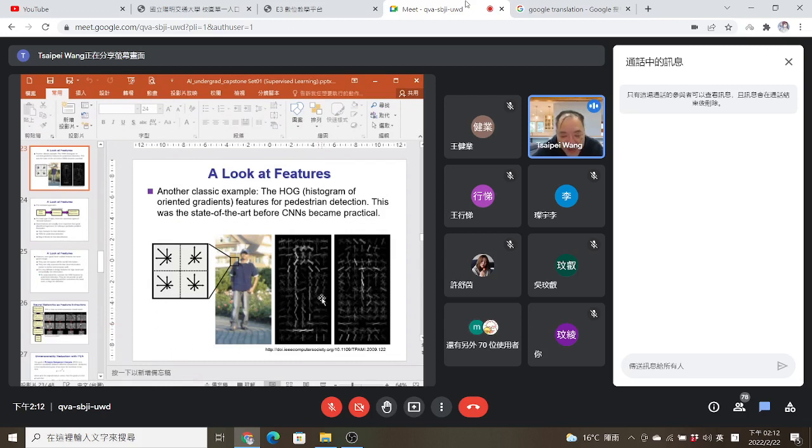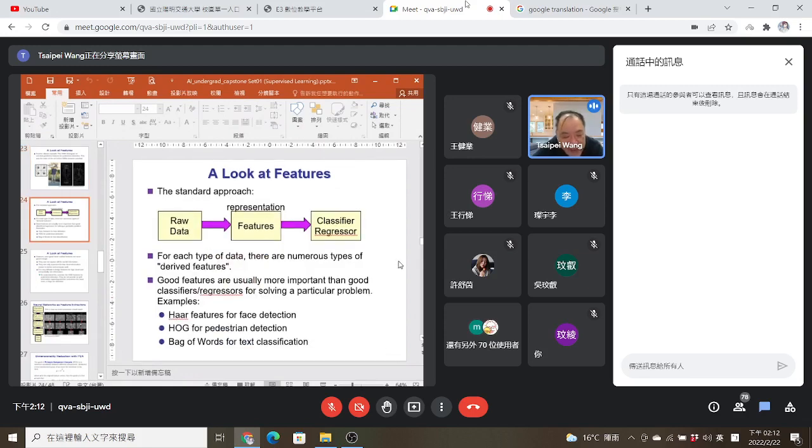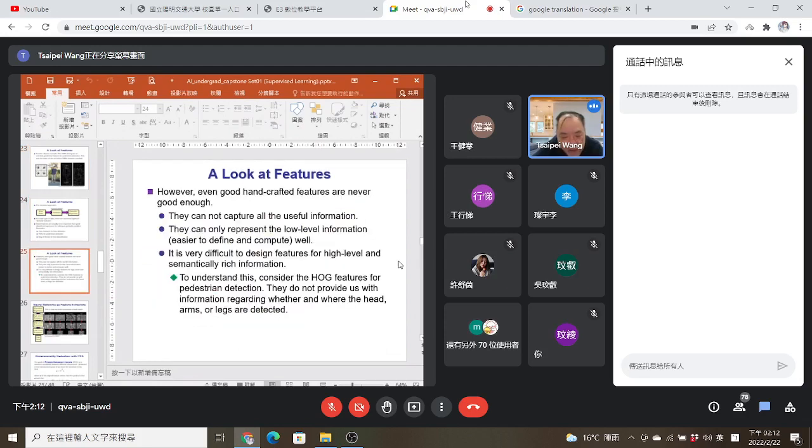But it's very difficult to design features to model this, particularly because there is more diversity and more variation among the high-level features.